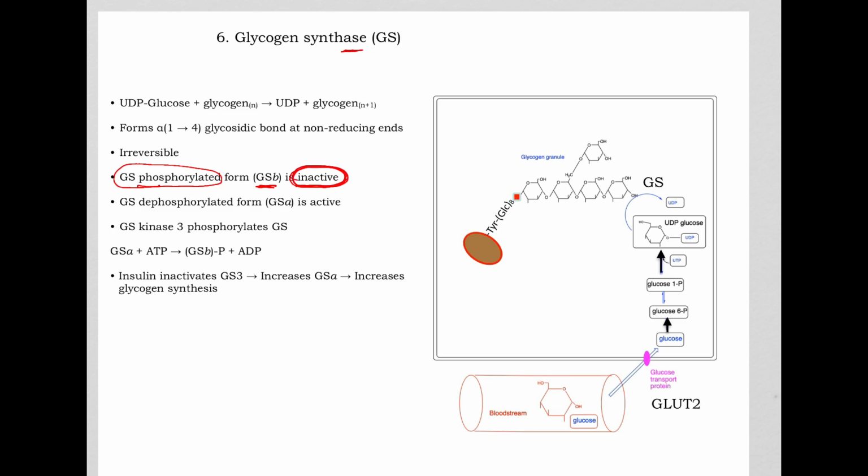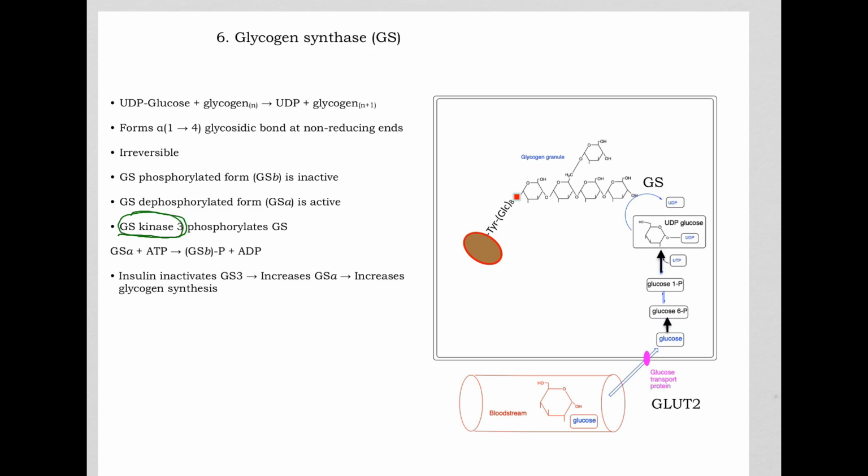Then we have the dephosphorylated form, the one that doesn't have phosphates attached. This is called GSA. A here stands for active. This form is the active form. This is the form that will catalyze this reaction. There is another enzyme called glycogen synthase kinase 3, GS kinase 3.